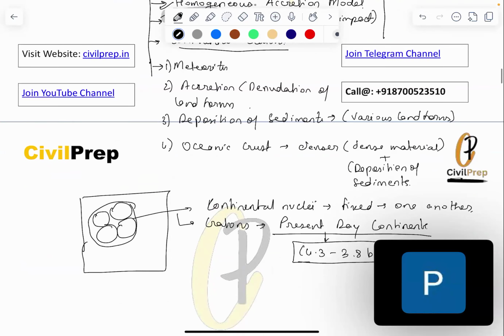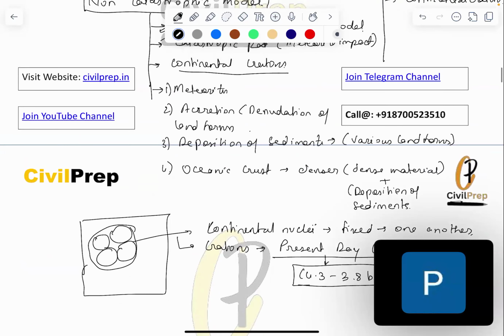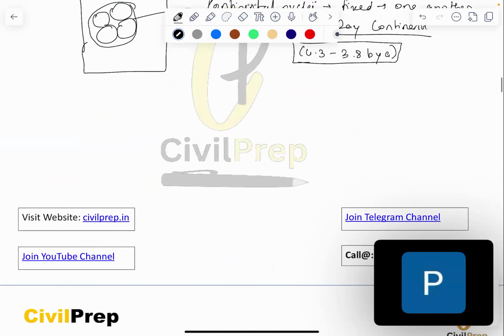Because of these conditions, it resulted in a new cycle which is called the plate tectonic cycle.